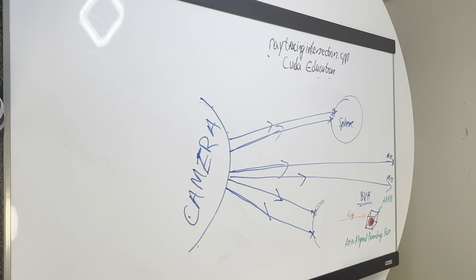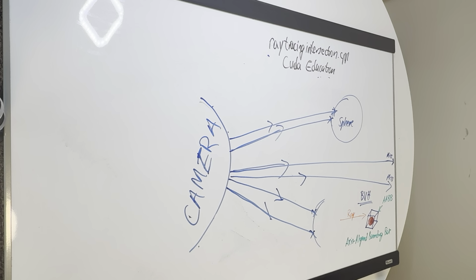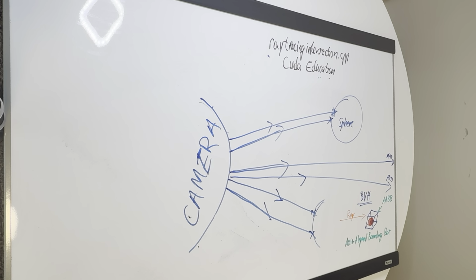When a ray traverses the scene, we want to hit these boxes. We don't necessarily want to hit the spheres directly. We want to hit these boxes first.